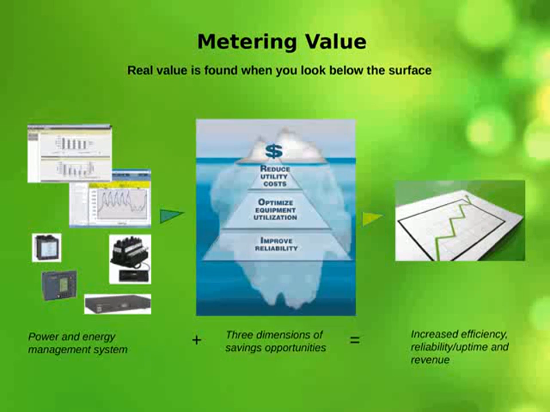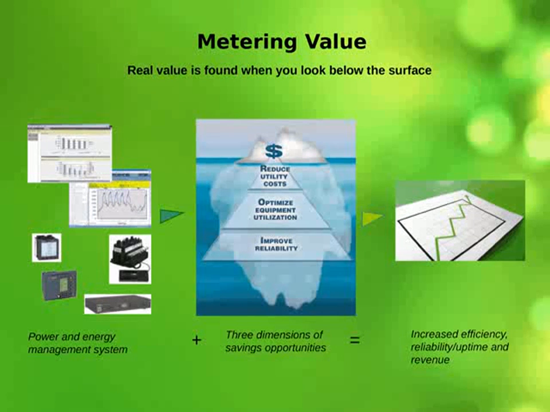Next slide, please. Okay. We look at really the evaluation of the metering value, and that value is often found when you look below the surface. You will see on the presentation slide here that in the central element we've got a depiction of an iceberg, and this is comprised of different elements, the tip of the iceberg being reducing utility costs.